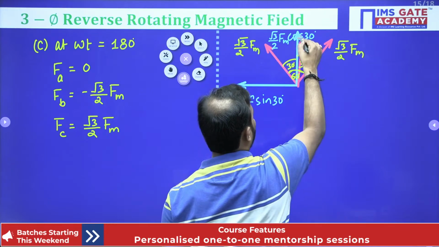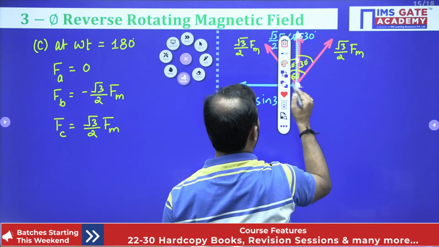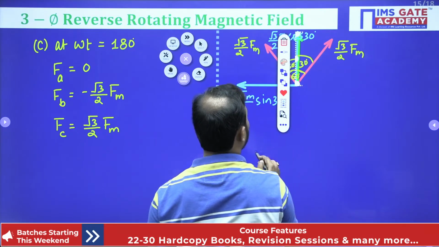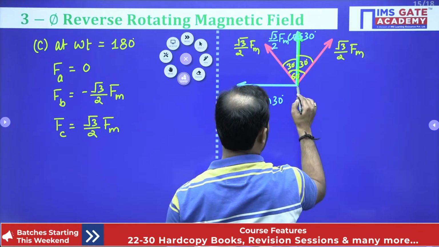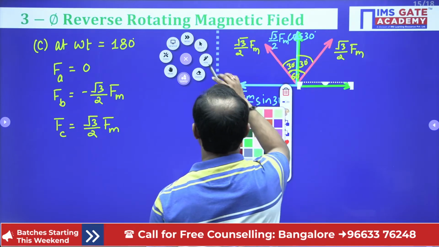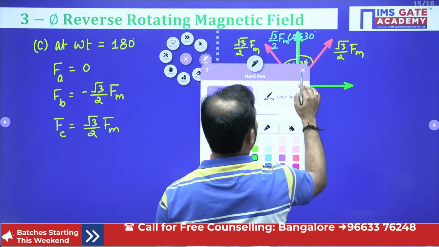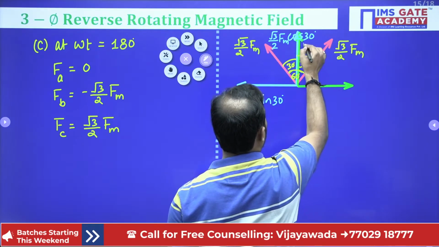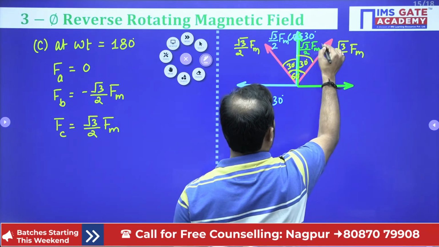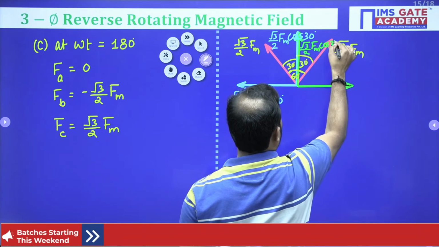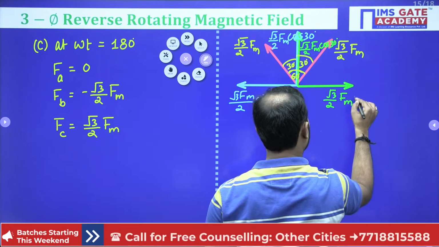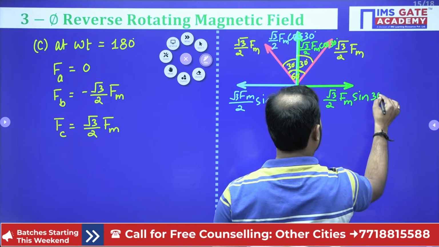Let us resolve. Okay, so from here we will get root 3 by 2 Fm cos 30 degree and root 3 by 2 Fm sine 30 degree.